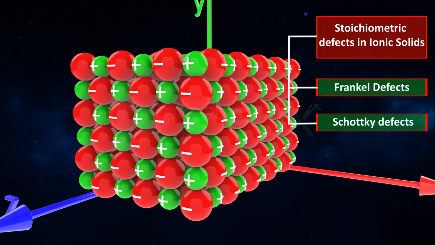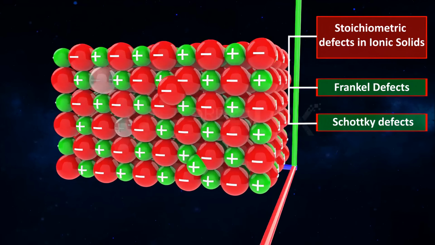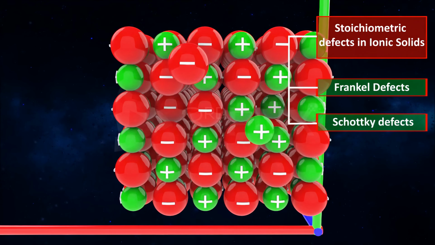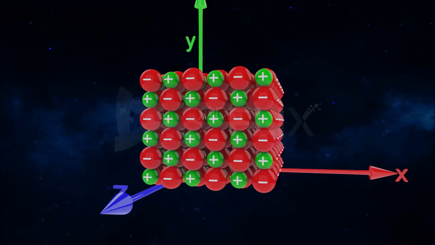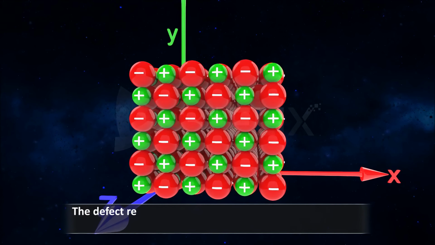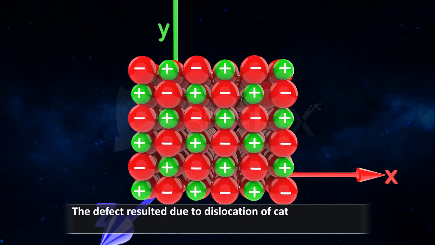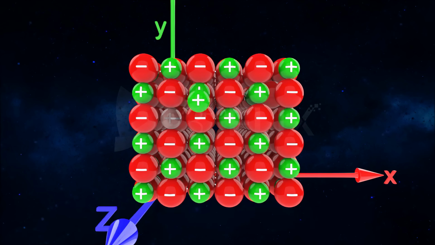So instead of simple vacancy or interstitial defects, ionic solids exhibit Frenkel and Schottky defects. In ionic compounds with Frenkel defect, some of the ions, usually smaller in size, get dislocated from their original site, thus creating a defect, as shown in the visual.